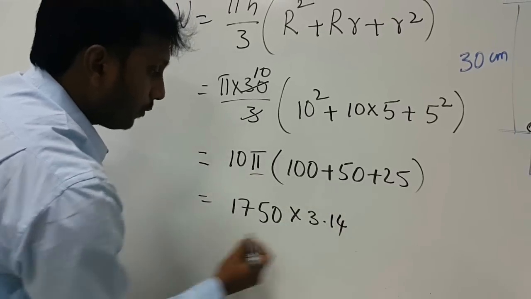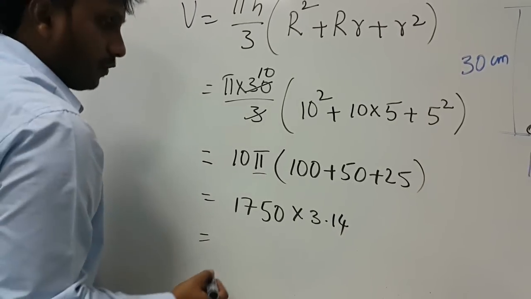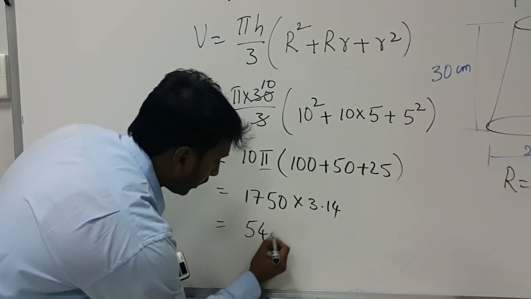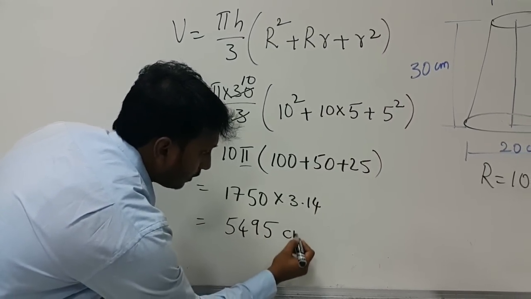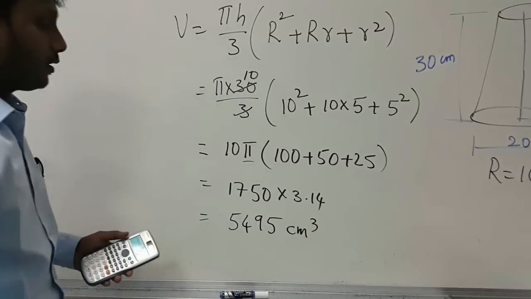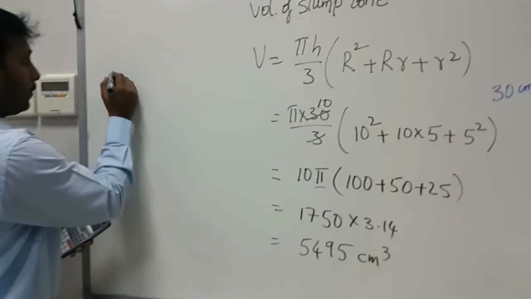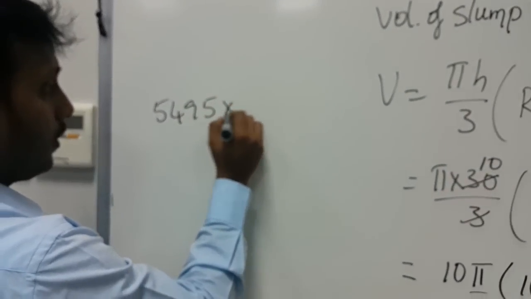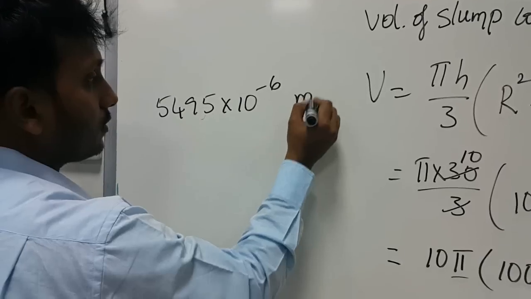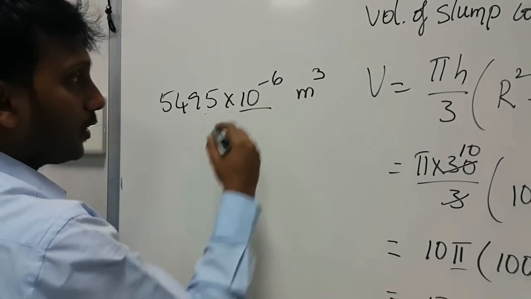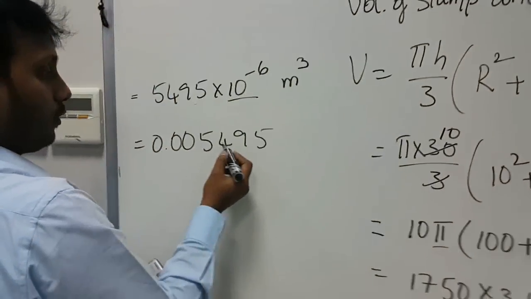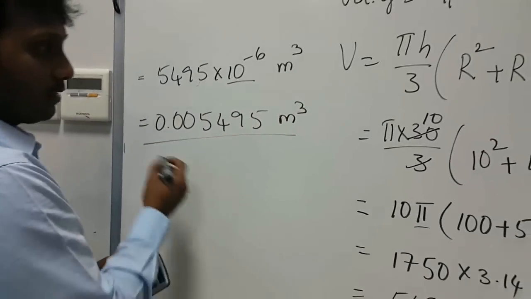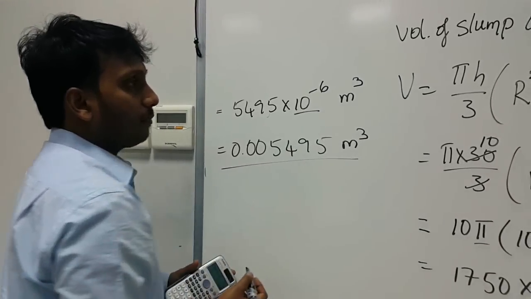Here pi is 3.14. If you solve this equation, you will get 5495 centimeter cube. If you convert this centimeter cube to meter cube, it is 5495 into 10 power minus 6 meter cube. This is the conversion from centimeter cube to meter cube, which gives 0.005495 meter cube. So this is the volume of the slump cone.